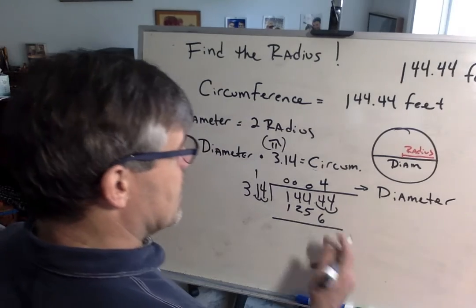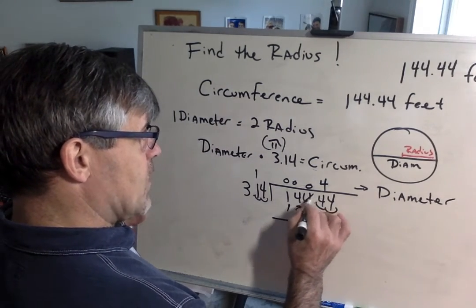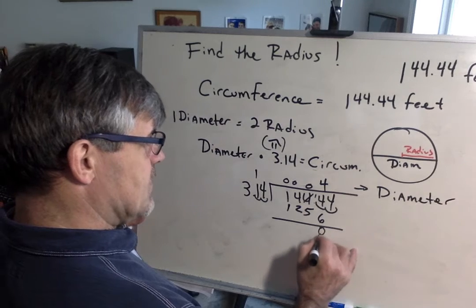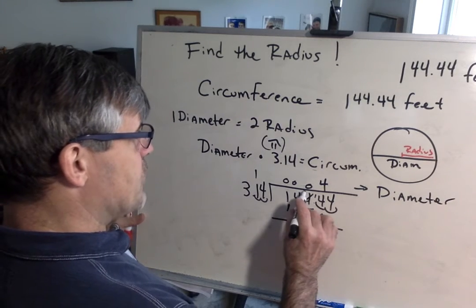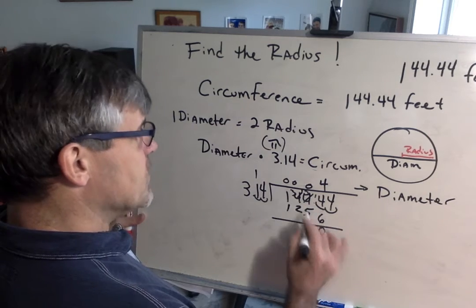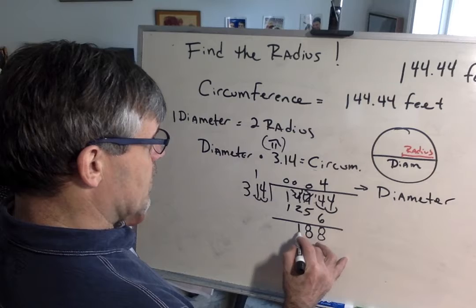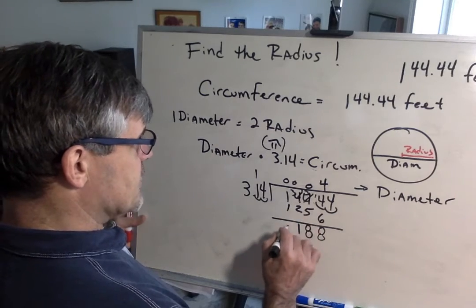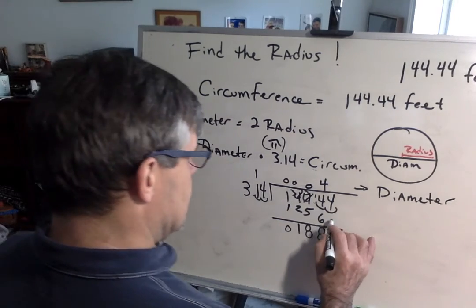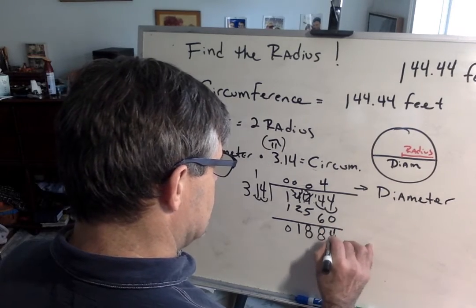Now, I'm going to start to subtract. 4 minus 6, you can't do that. You have to borrow 1. 14 minus 6 is 8. The 4 is now turned into a 3. 13 minus 5 is 8. 3 minus 2 is 1. And this is 0. And then 4 minus 0 is 4.